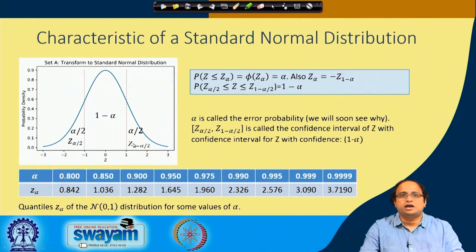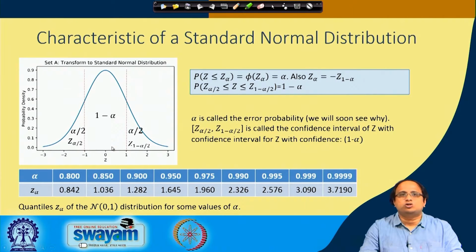Phi of Z alpha, the cumulative value, indicates the probability that the Z statistic takes a value less than or equal to Z alpha. So, P of Z less than or equal to Z alpha is nothing but phi of Z alpha, and that is equal to alpha in this particular curve.